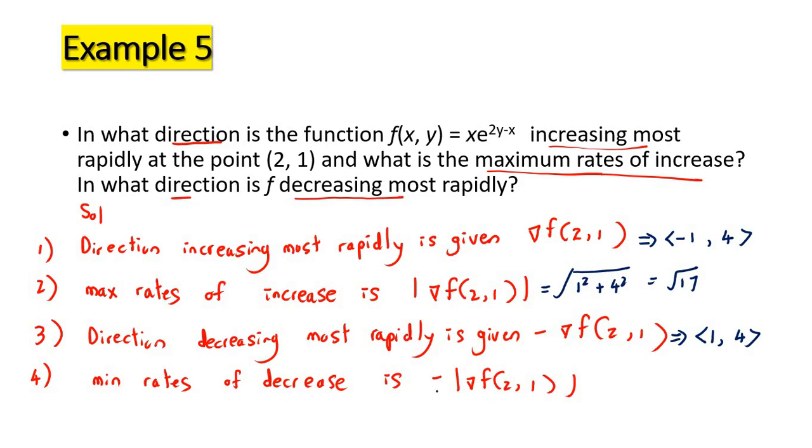The minimum rate, the rate of most rapid decrease, is the negative of this, negative square root of 17. The direction of most rapid increase is negative i plus 4j, and the value of the most rapid increase is square root of 17.